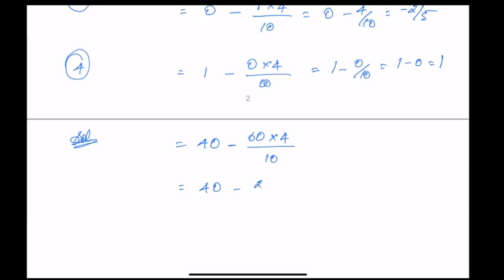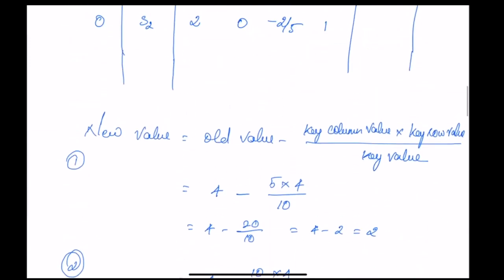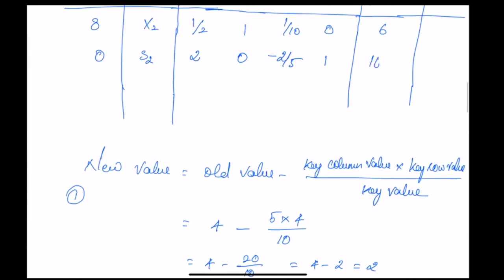Or else 240 divided by 10. That is equal to 40 minus 24, which is equal to 16. So the new value will be 16 here.